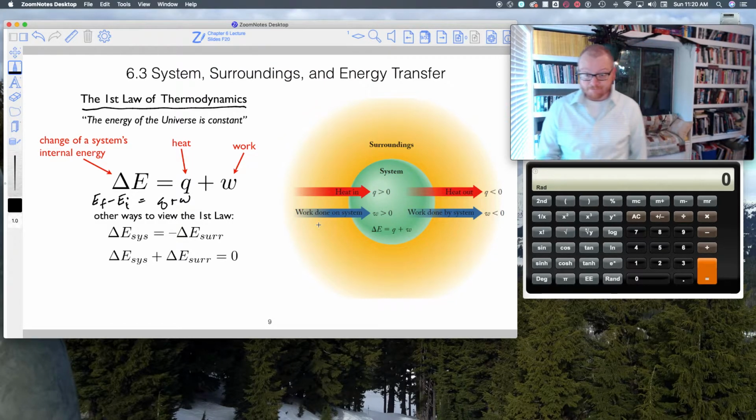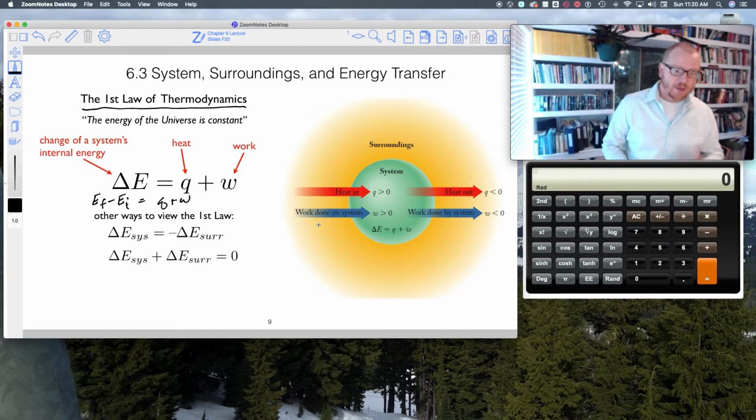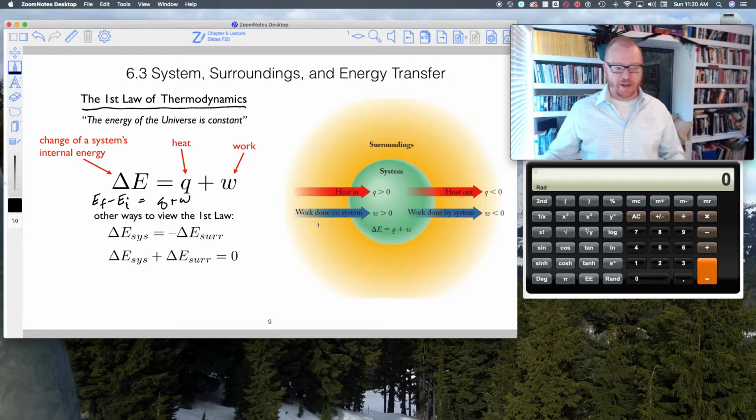So we talked about how energy can be exchanged from one form to another. In this conservation of energy, or in other words, the energy of the universe being constant, we can't create more energy, but we can exchange it from one form to another. Heat and work can definitely be exchanged.